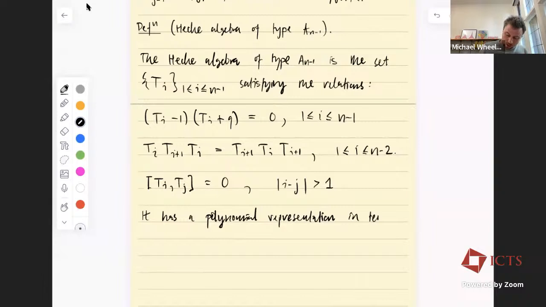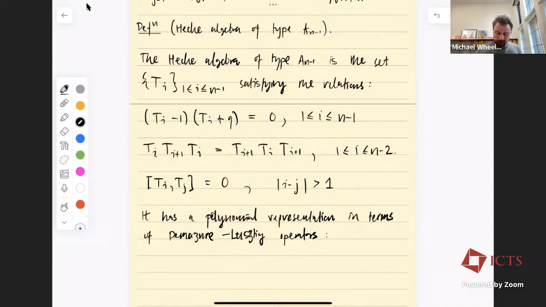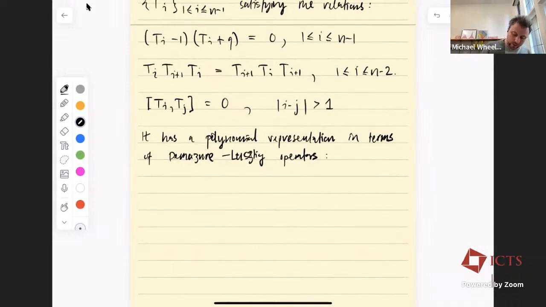And the way those work is I'm going to identify ti now with the following objects.